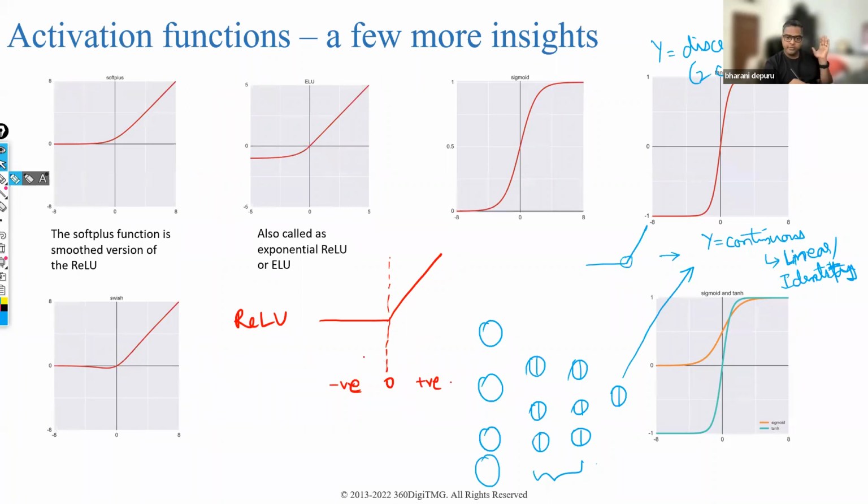To the left of 0, it's all 0. If you look at this output, this is 0. To the left of 0, it's a straight line, it's all zeros. So similar kind of saturation problem arises when it comes to negative values of ReLU.